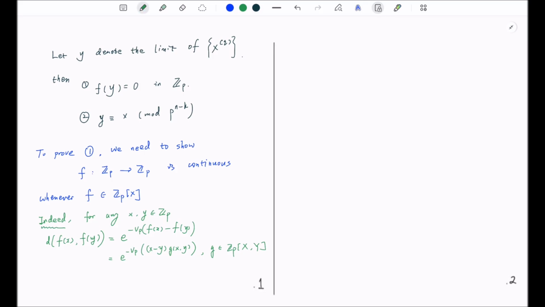And this is less than or equal to e to the power negative p-adic valuation of x minus y. And the reason for this is, as before, the fact on page 12 of Sarah's book on the p-adic valuation of the product of two elements. So the p-adic valuation of a product of two elements is equal to the sum of the p-adic valuations of the individual elements.